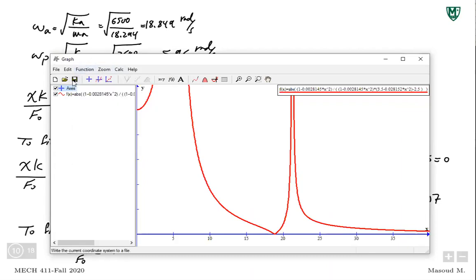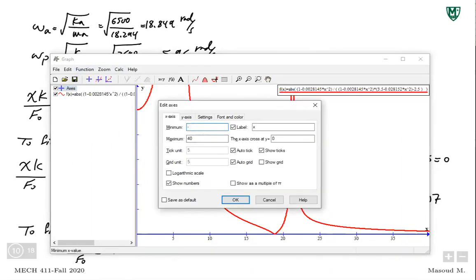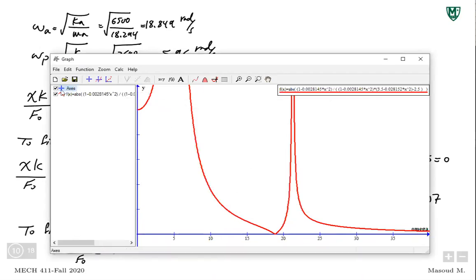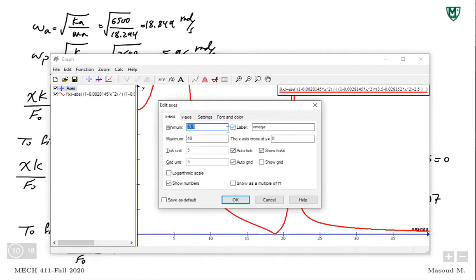All right, maybe I moved this x-axis a lot. Let me give some room there. This would be R, frequency ratio. Oh, this would be omega, actually. I'm plotting it as omega, not R. And the Y would be xk over f naught.